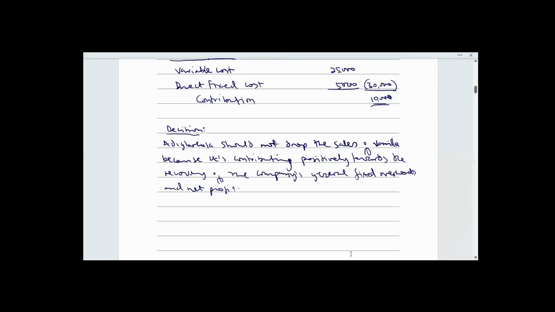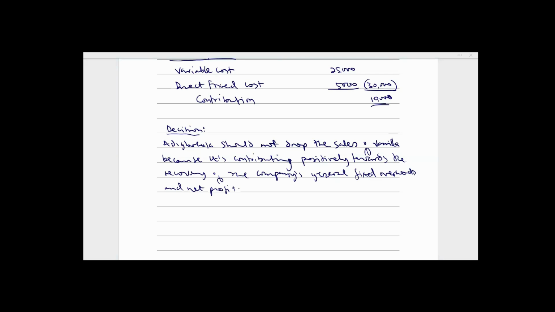That's that. What else? Number B, the examiner now told you that suppose, however, it is possible to use the resources realized by stopping production of vanilla and switch to producing a new ice cream, banana, which will sell for 50,000 naira and incur variable cost of 30,000 naira and extra direct fixed cost of 6,000 naira.